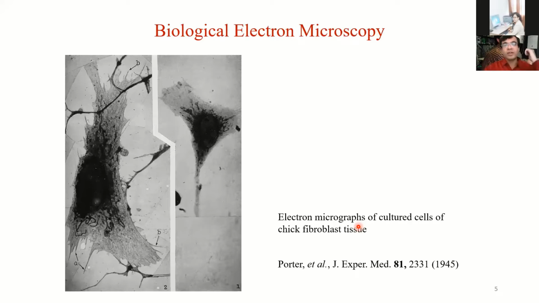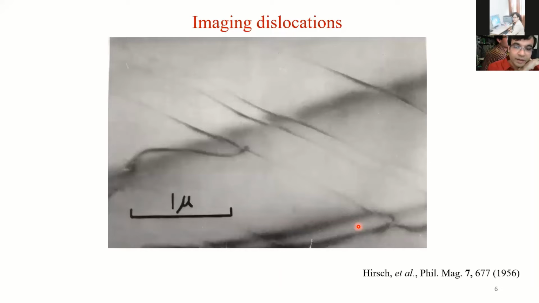And then biological electron microscopy flourished in the 40s, and people started using transmission electron microscopes for analyzing biological samples. Then Peter Hirsch in the 50s thought of using the TEM for characterizing materials. Here you can see this is aluminum thin foil, and it has dislocations. You can see these dark lines here.